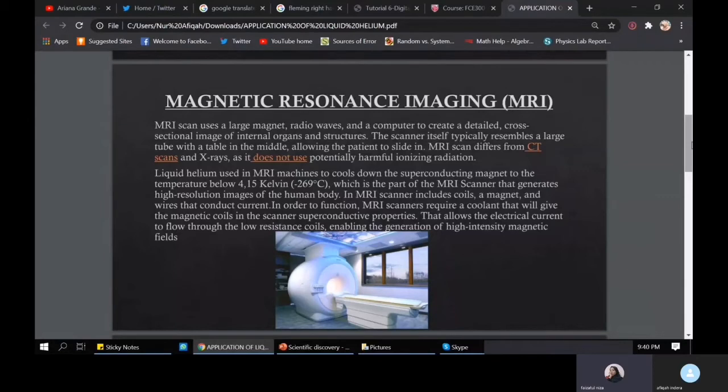To function, the MRI scanner also requires a coolant that gives the magnetic coils superconducting properties, which allows the electric current to flow through the low resistance coils, enabling the generation of high intensity magnetic fields.